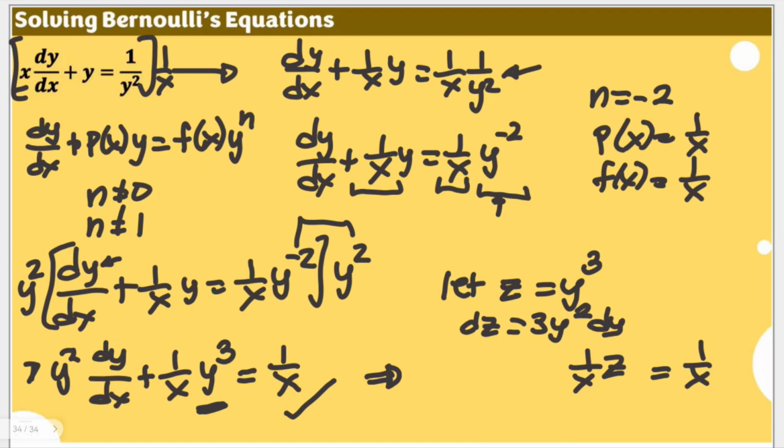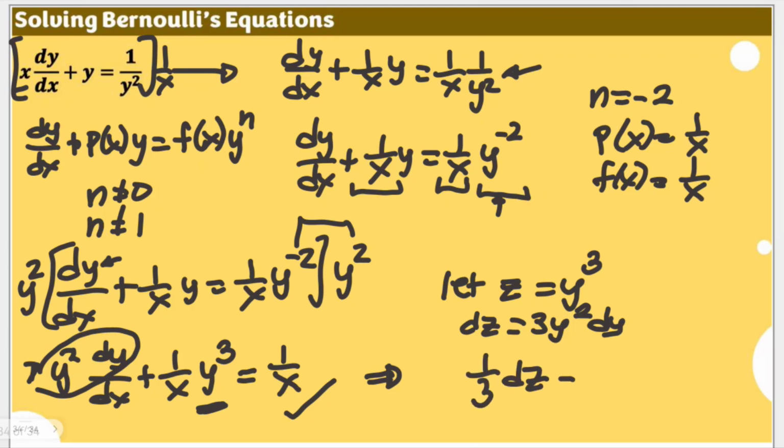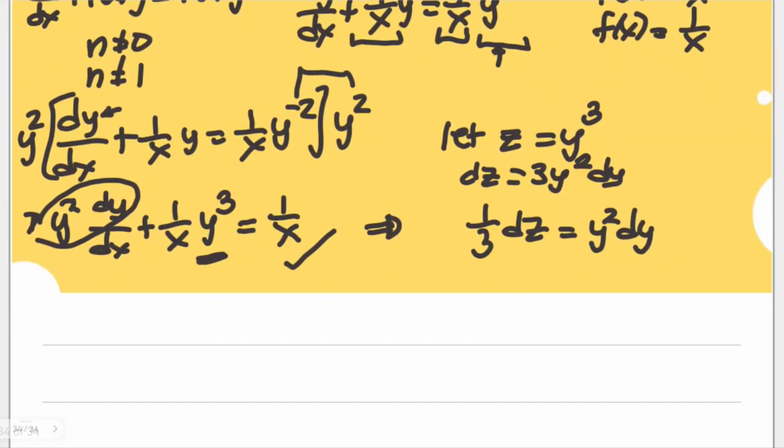So what is y squared dy? If you divide both sides by 3, you will get 1/3 of dz is equal to y squared dy.